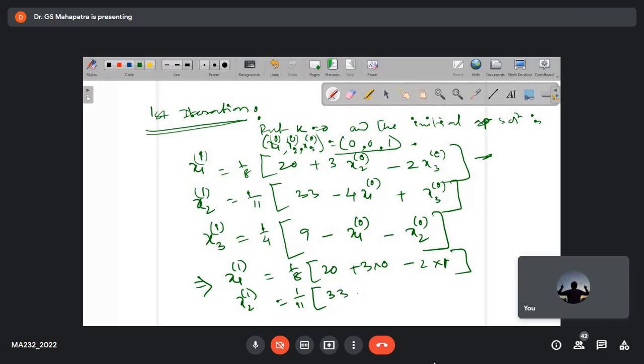Then x2 1 with plus 1 into 1. x3 1 is 1 by 4, 9 minus 0 minus 0. What is the answer then? For this one, you just follow this problem. You follow me only. Rest one you choose. You can choose your input if it is not given. This is for practice only.